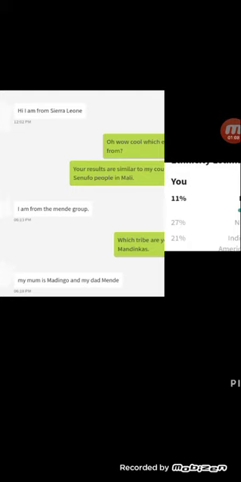The Mandinka and the Mende are Mande speaking people. All right, so they have a great history with the empires in West Africa. The most famous of the Mende and Mandinka people is Mansa Musa, the wealthiest man who ever lived.